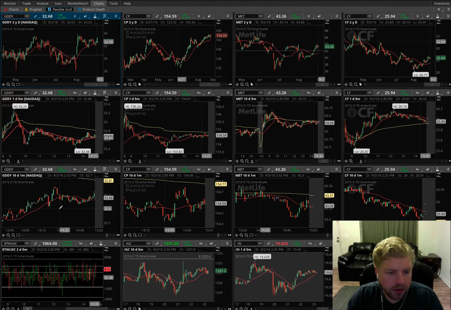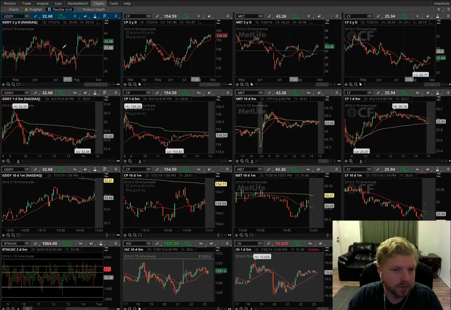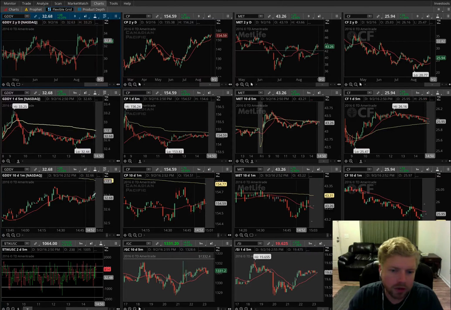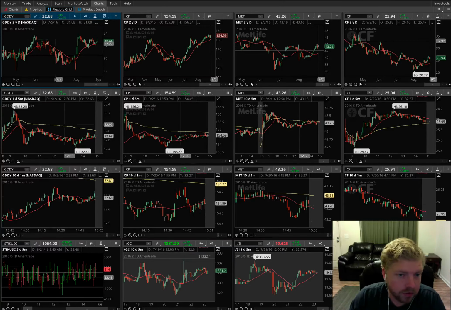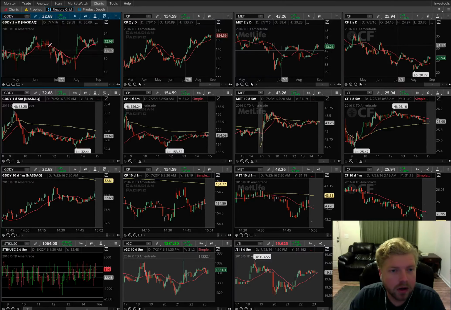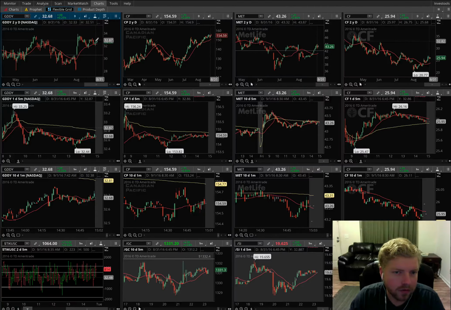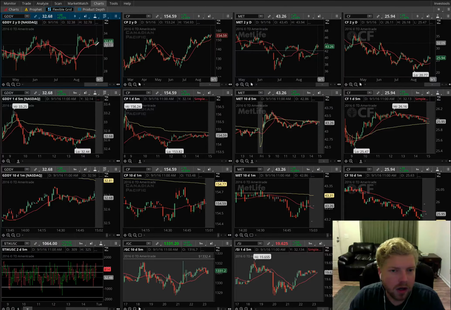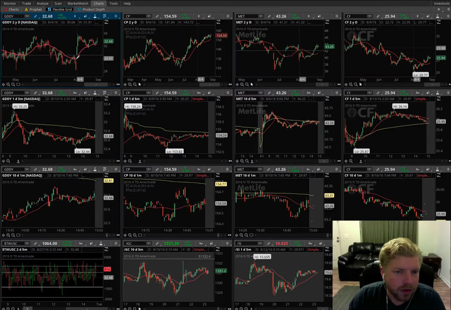But another way to do this, if you want to look at maybe 20 stocks, if you're focusing on more than 4 stocks, and you need to use all of these thumbnails each for their own individual stocks, you can just set this to say a 1 minute, and then add the higher time frame simple moving averages to it, so you can keep an eye on where price is relative to those moving averages from the 1 minute chart or 2 minute chart or 5 minute chart, whatever you like to keep your thumbnails set to.